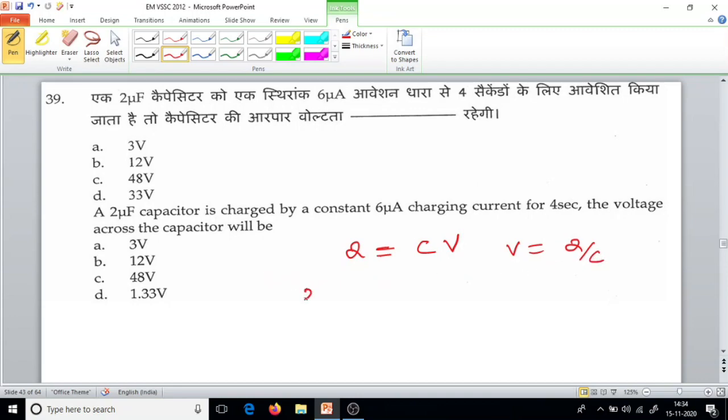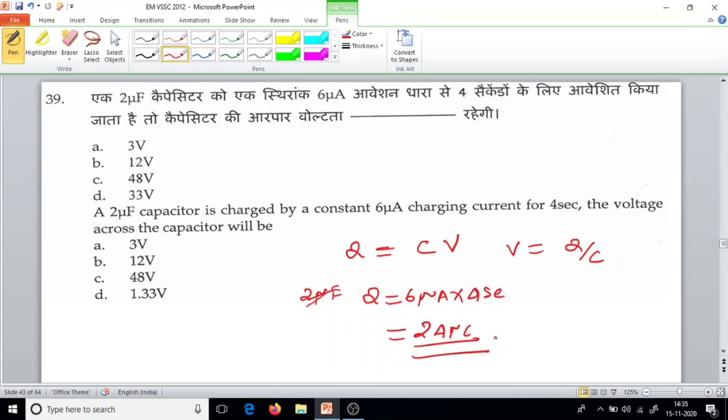Now this is a 2 microfarad capacitor, and 6 microamps. What is the charge? Total charge: 6 microamps has flown for 4 seconds, which gives 24 microcoulomb.